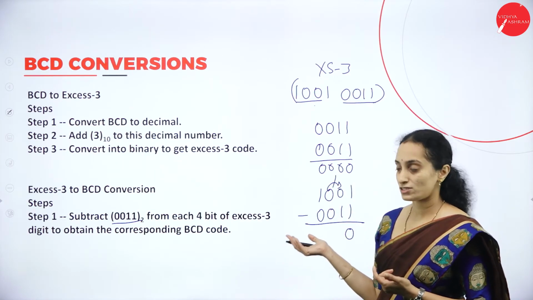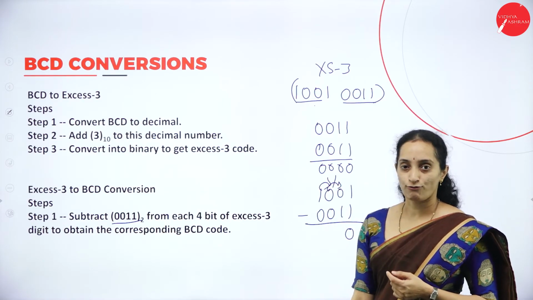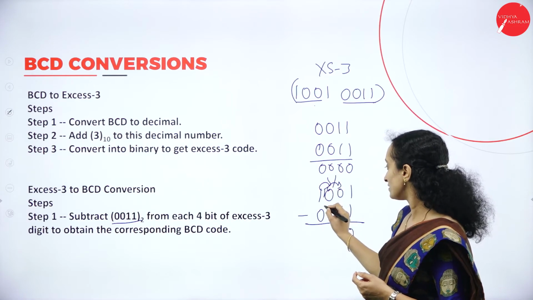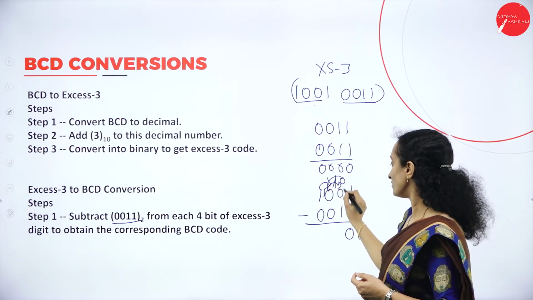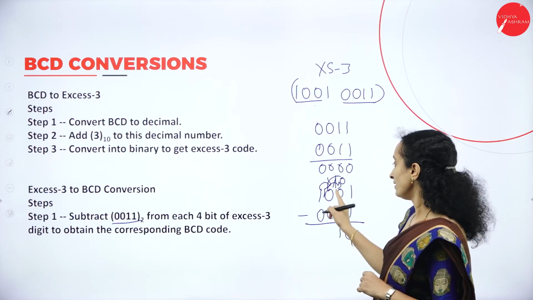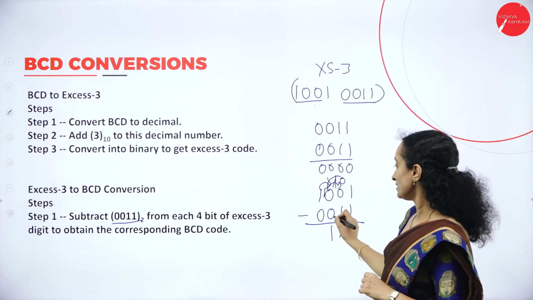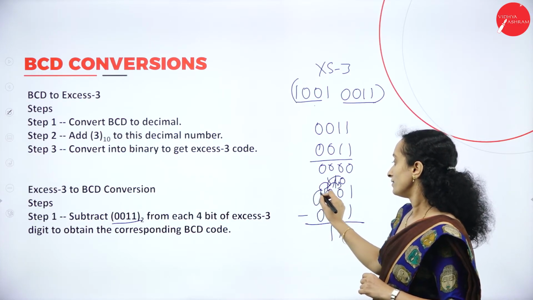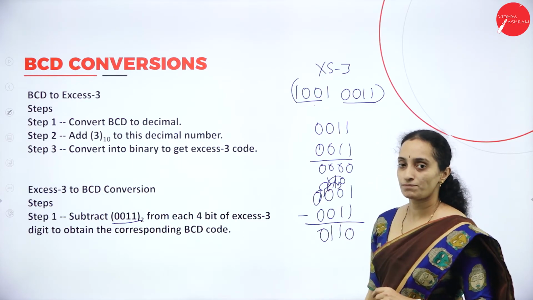Again, this position doesn't have any value. Take a borrow of 1 from here. This will become 1 0. If you take this, this will become 1 0. Okay. This will be 1. Here 1 remains. 1 minus 0 is 1. You don't have any value here. This will be 0. Alright.